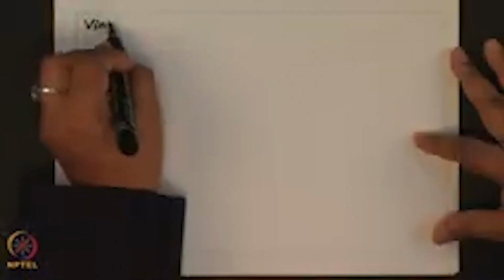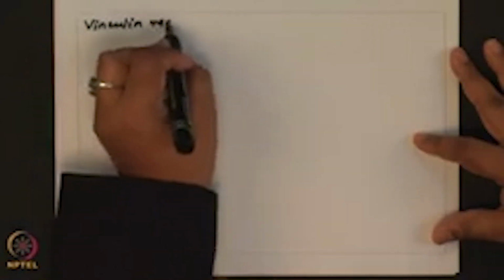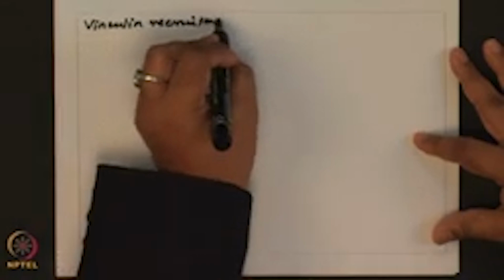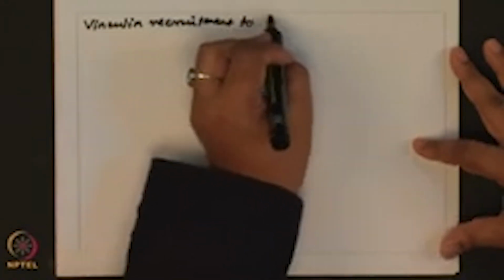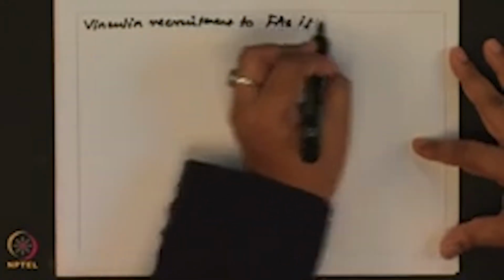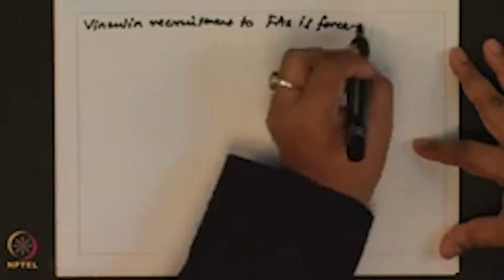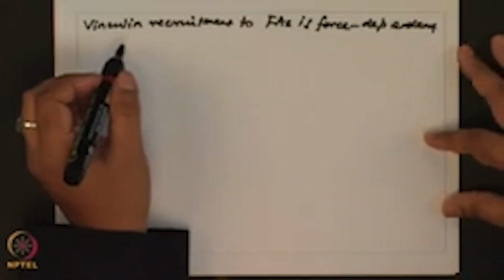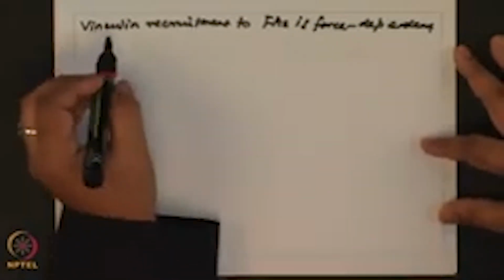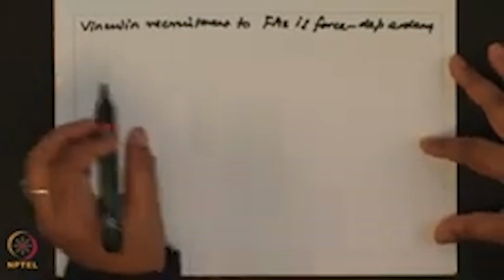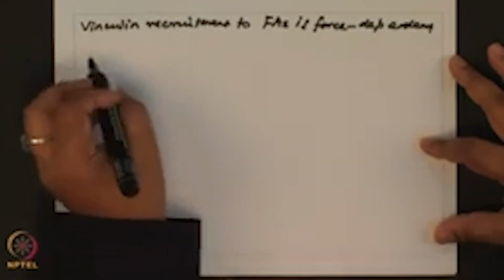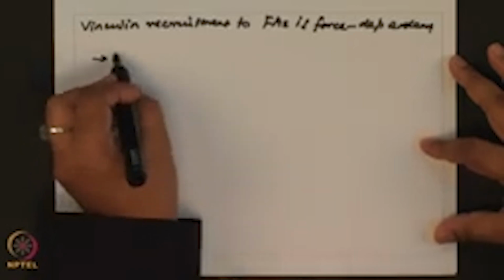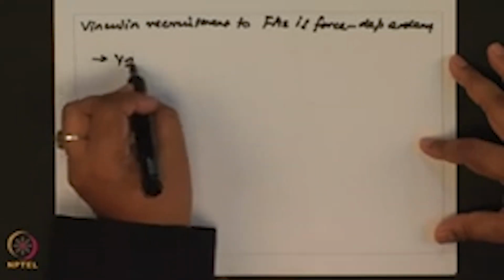What they did next was to demonstrate whether vinculin recruitment to focal adhesions is force dependent or not, that is, whether recruitment correlates with force transmission. They took cells and treated them with two contractility-perturbing drugs.